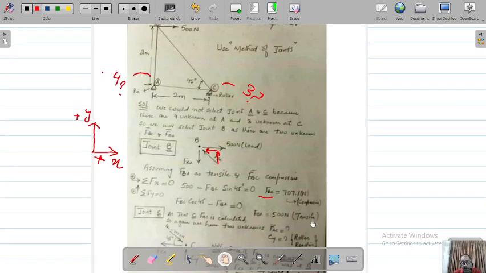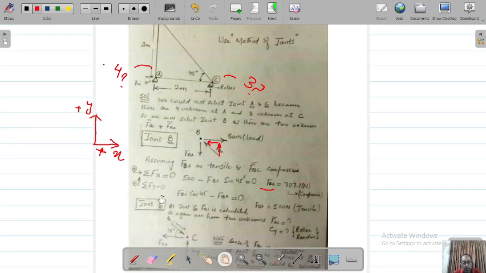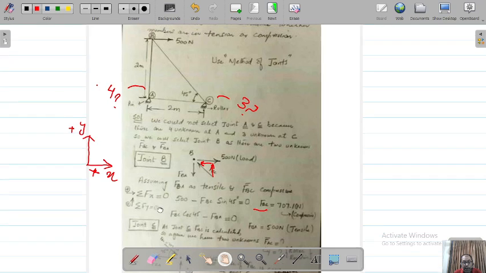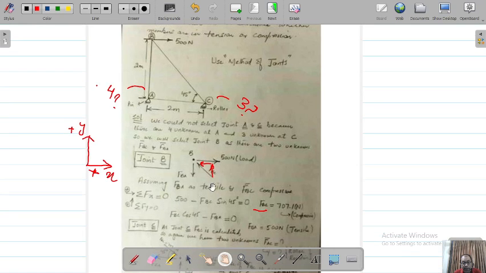Now we apply sigma Fy at joint B. So when we apply sigma Fy, we get force BC cos 45. This is our force BC sin 45 along the negative x, and this component will be force BC cos 45.